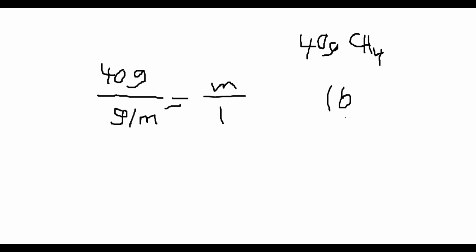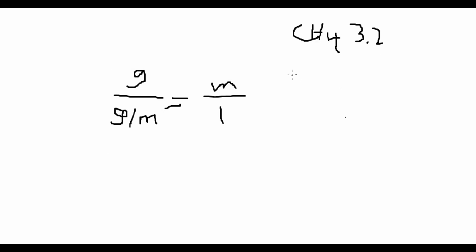Let's use CH4 again. Let's say you're given 3.2 moles. Now what you're given is in moles. So, just like we plugged in for grams last time, let's plug this in for moles.